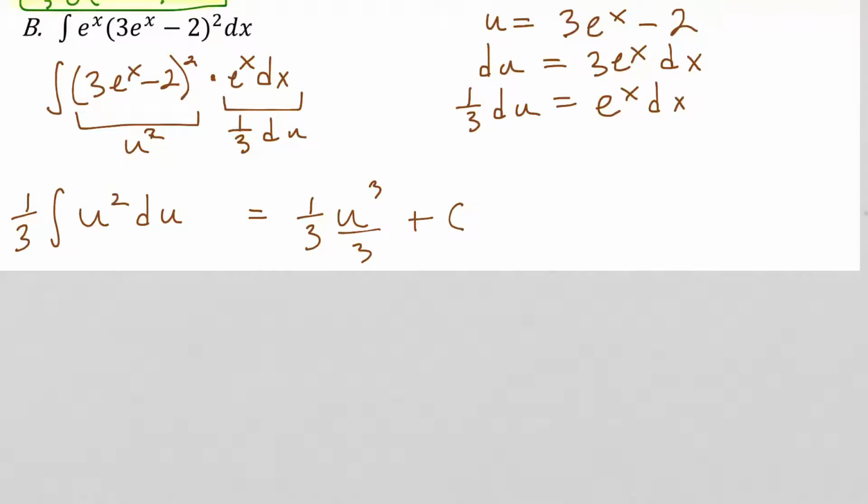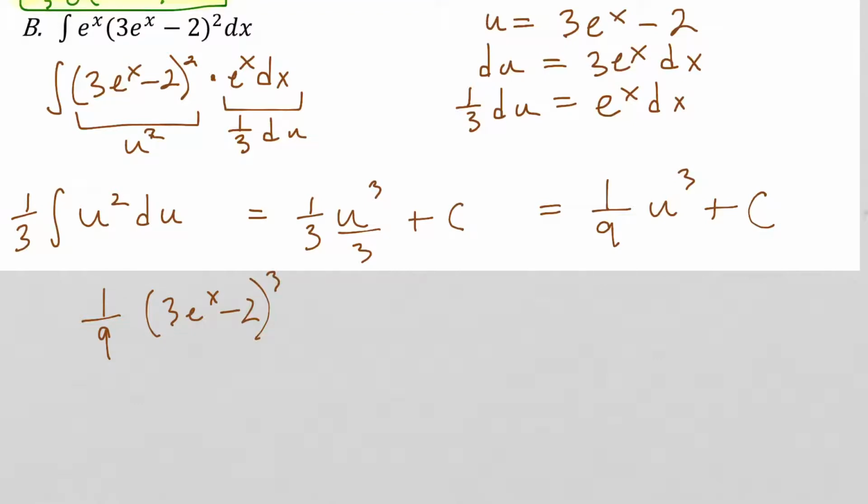So that's equal to 1/9 u cubed plus c. Right, now I substitute u back in there. U is 3e to the x minus 2, then cubed plus c. So this is my integral of e to the x, 3e to the x minus 2 squared dx, using the u substitution method.